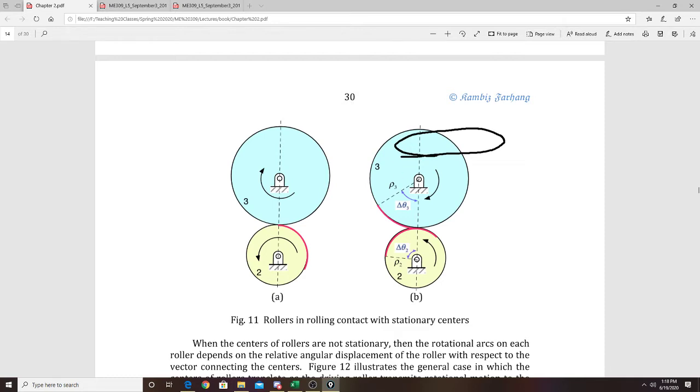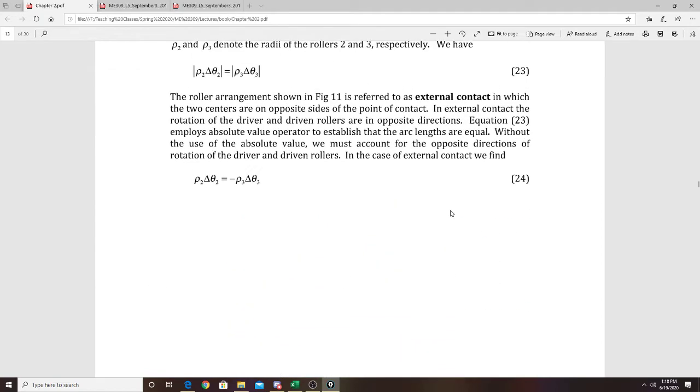I'll show you an example of what internal contact looks like, and then you'll be able to see the difference. So this right here is external contact. External contact makes it so you have to have a negative in front of one of them.